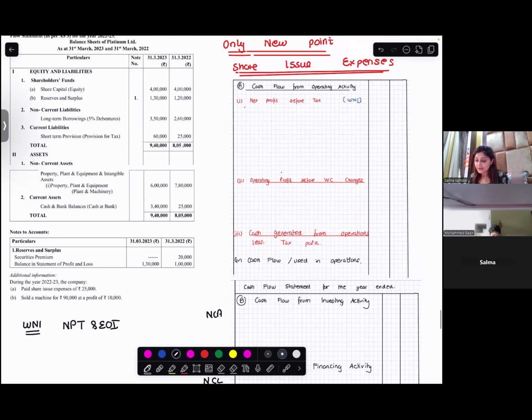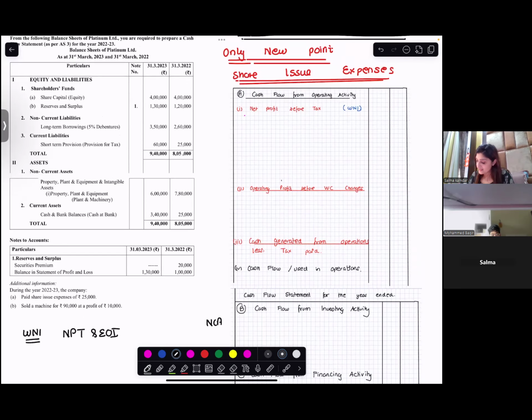When you're given the question, you have these sections which are already there: shareholders' funds, non current liability, non current assets, and current assets. Share capital will be related to which activity? Share capital will be related to financing activity.